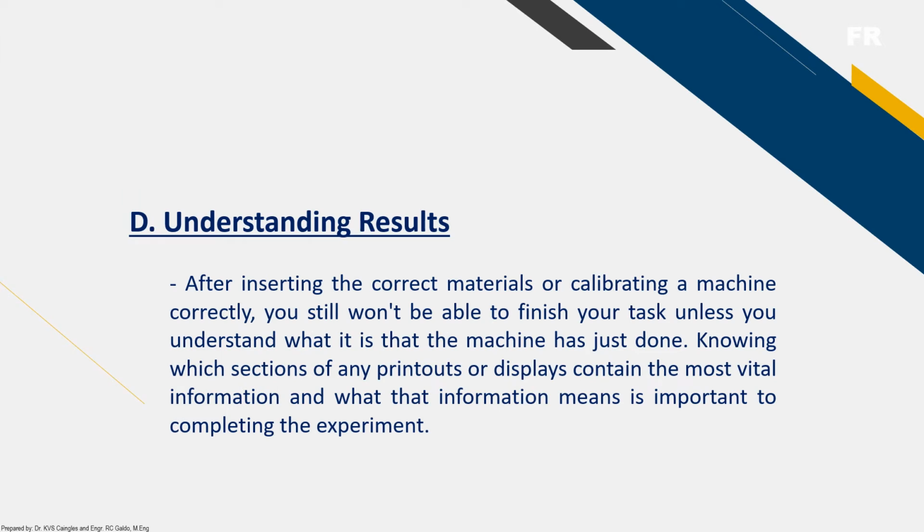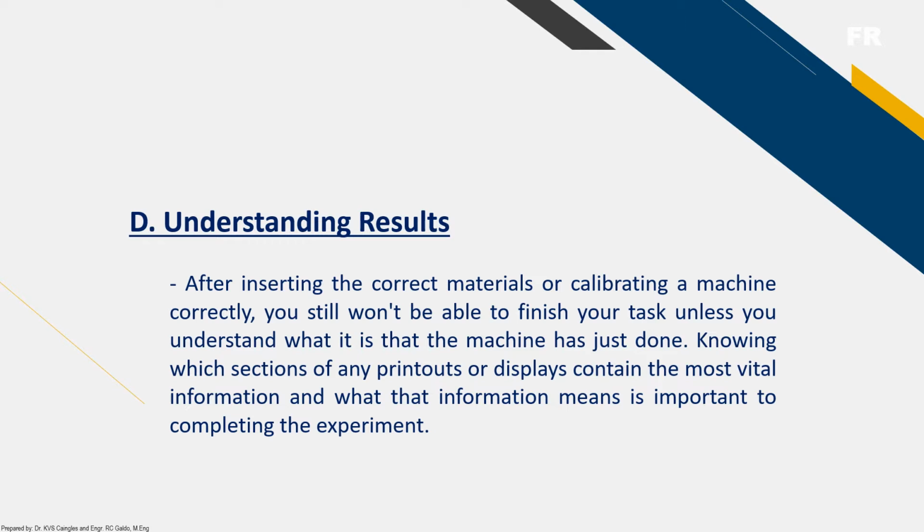Next, we should also have enough idea on how to understand the results, and also how to interpret those results. Okay, so after inserting the correct materials or calibrating a machine correctly, you still won't be able to finish your task unless you understand what the machine has just done.